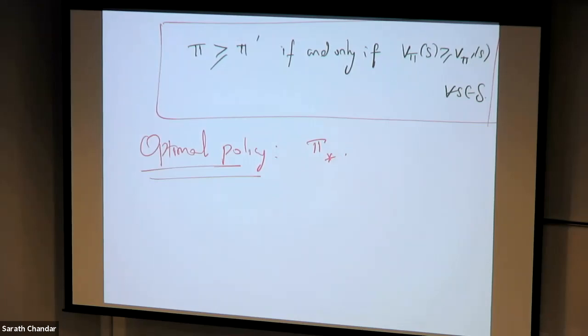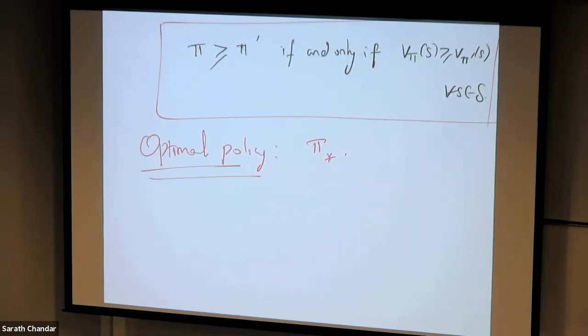The fact that we can order policies, that there exists some ordering, so that given any two policies I can always compare and say which one is better. And the fact that we are in a finite MDP setting. Let's say you have n states and k actions possible.